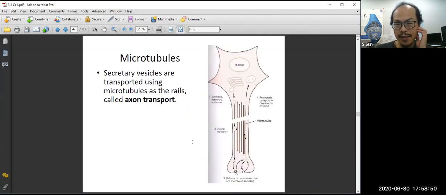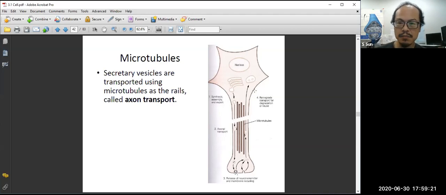Also, they can move vesicles, okay? Remember that we talked about vesicles when we talked about endocytosis. For example, a vesicle can form by endocytosis and then move, right? And how would they move? They can move by simple diffusion. Simple diffusion is like passive diffusion. They don't know where they go, right? Or they can be loaded on a transportation, like on a bus or on a train to move.